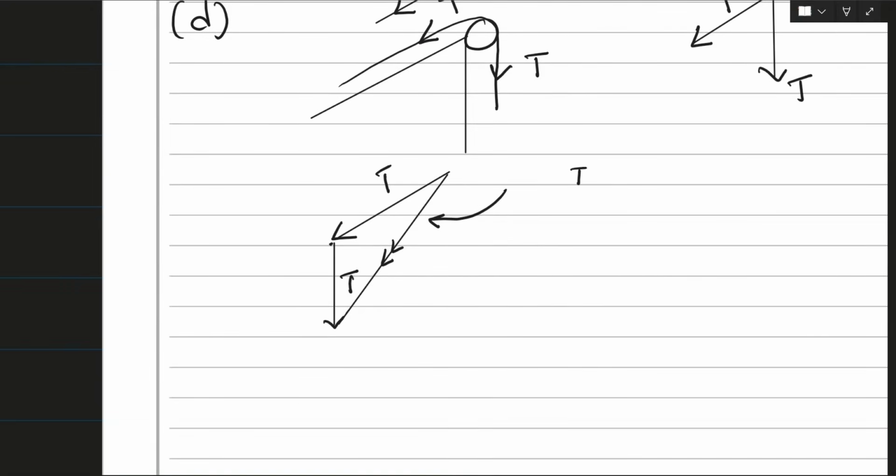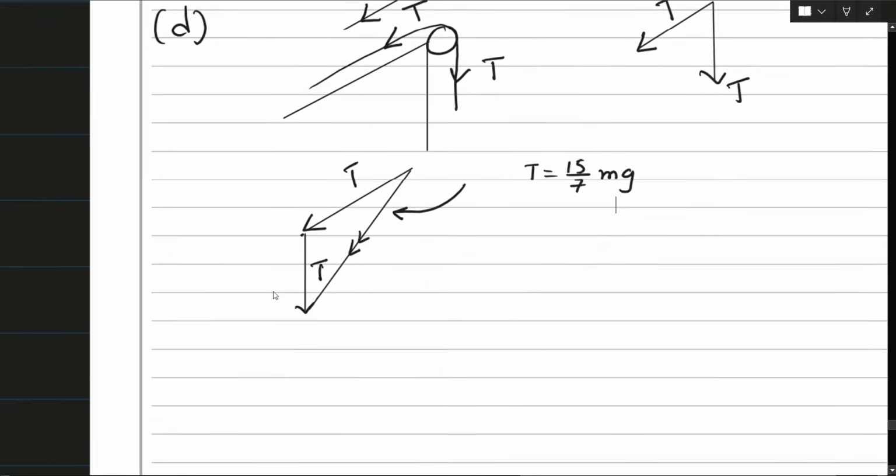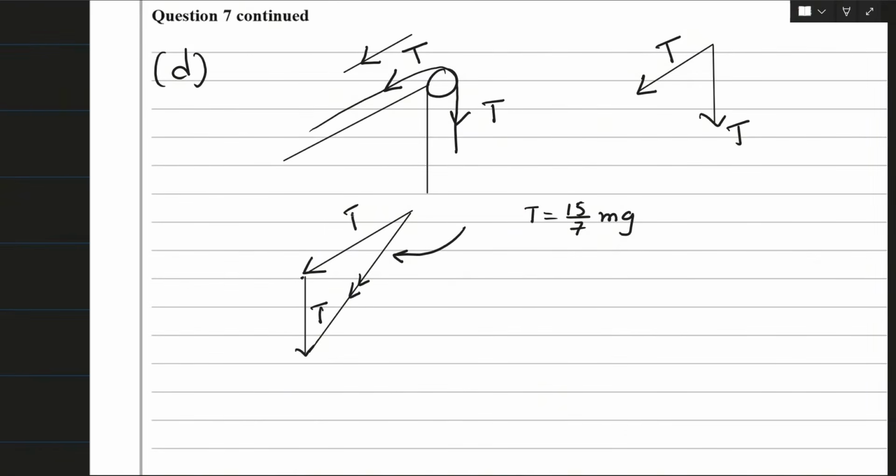So we know that tension is given as 15/7 mg. We calculated this in our part B. So from this we see that the magnitude of these two sides is 15/7 mg, and this side also has the magnitude 15/7 mg.